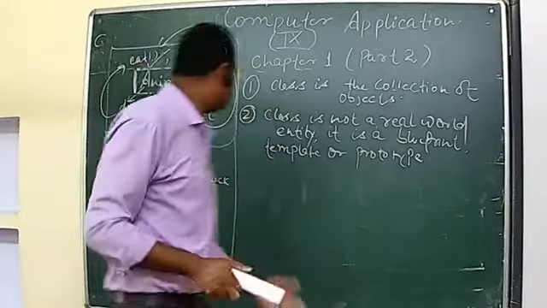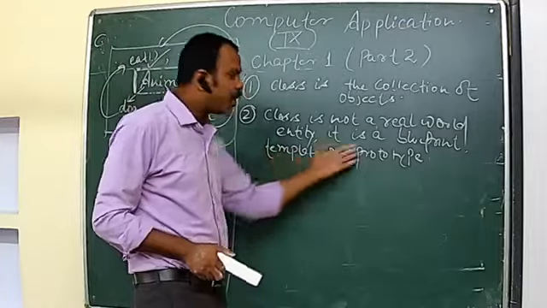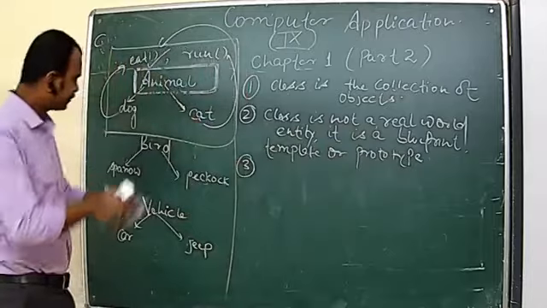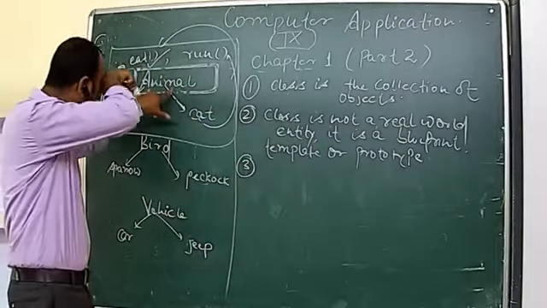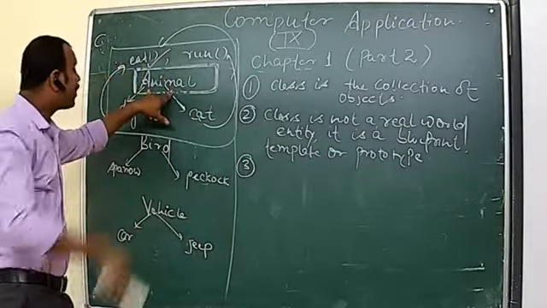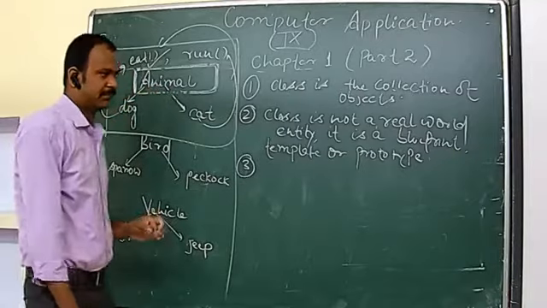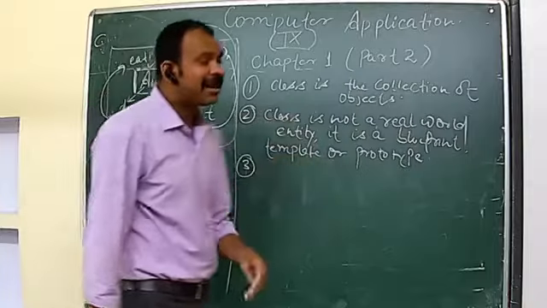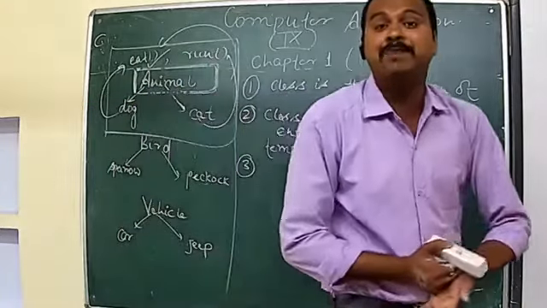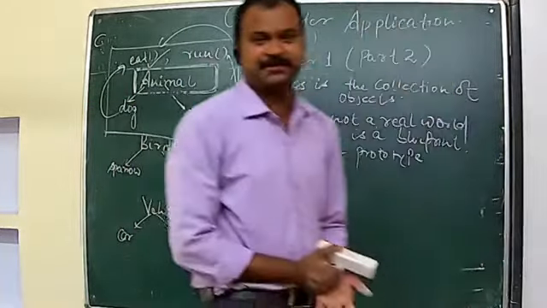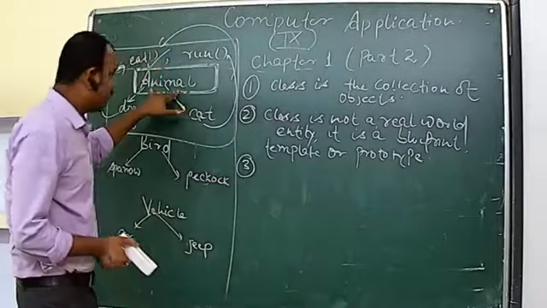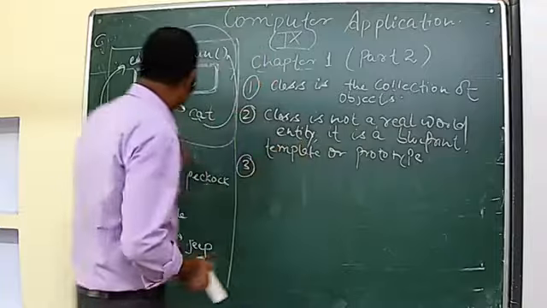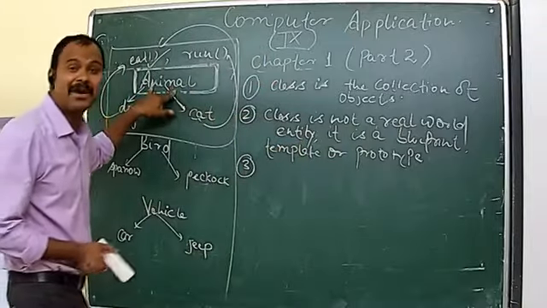And template or prototype. The third one, as I told you: if I talk about animal and you keep a dog, since animal is not a real world entity, definitely class will not occupy any kind of space. Correct? Animal will not have any kind of space, but definitely the dog will.